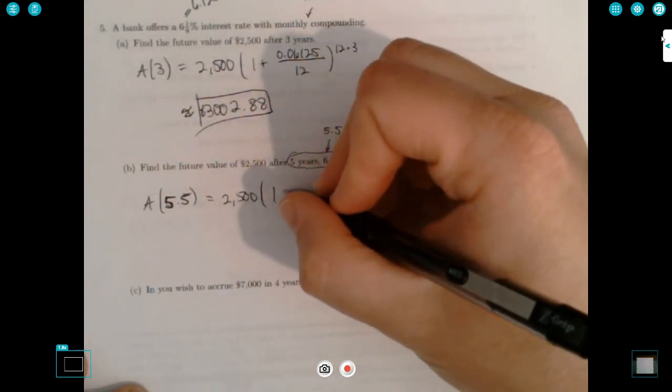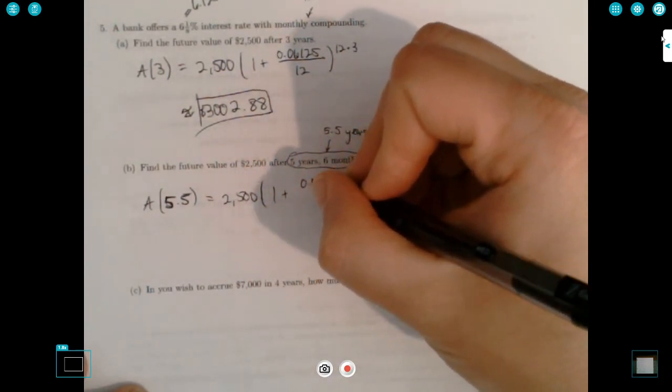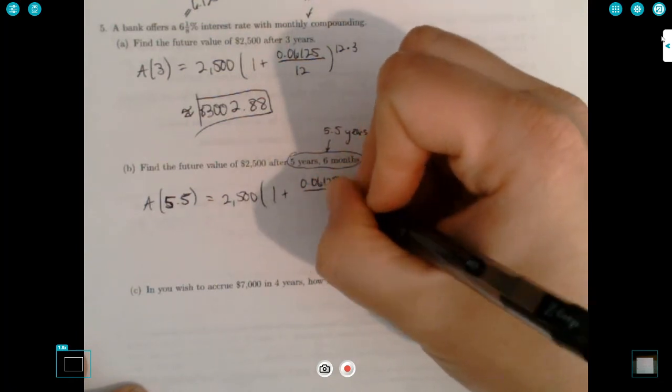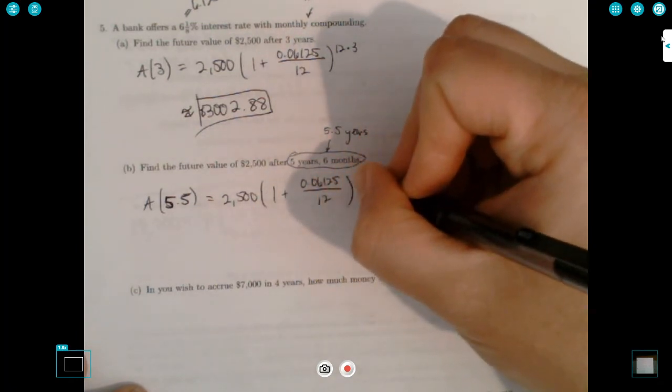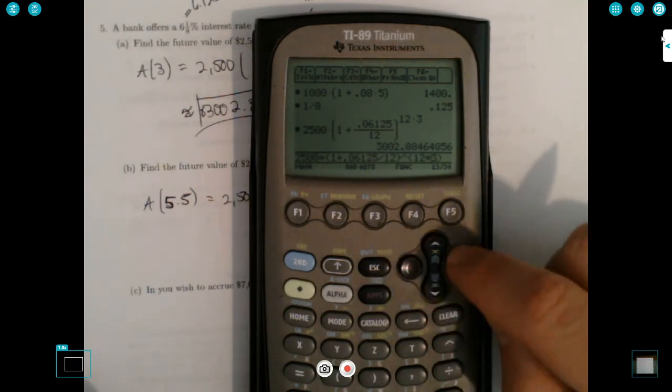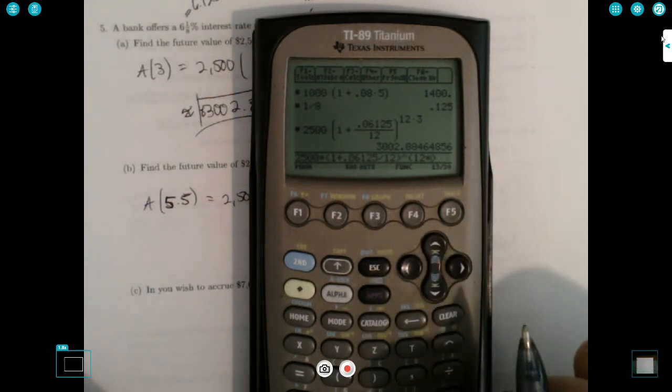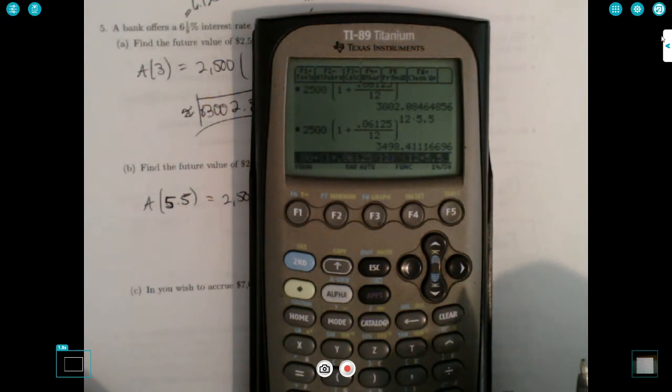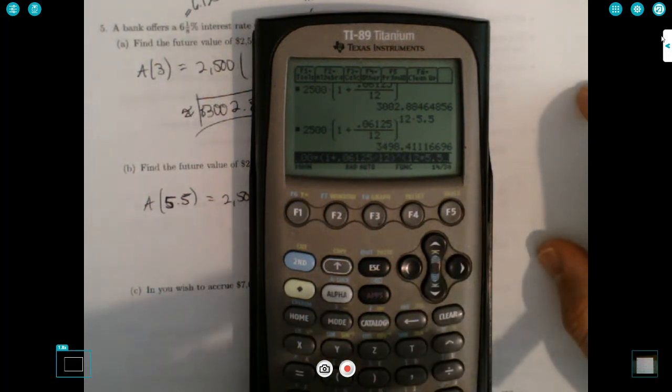So everything else is the same though, right? And in fact, in my calculator, I'm just going to go back and change this number. That's the only number that changed. You can change it to 5.5. $3,498.41.